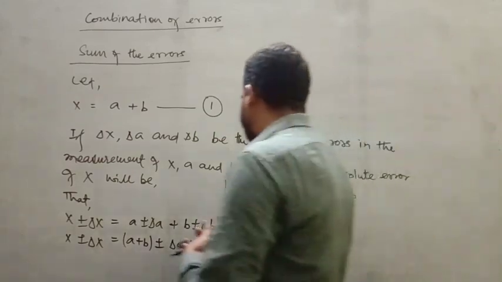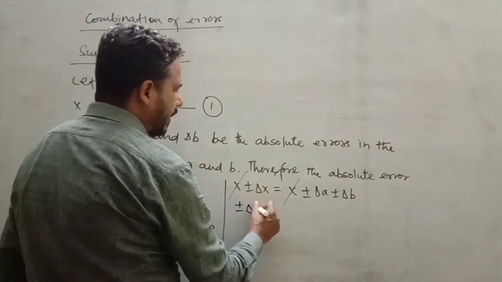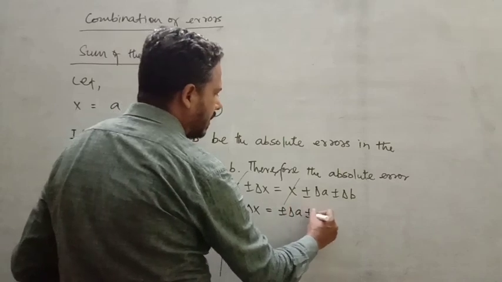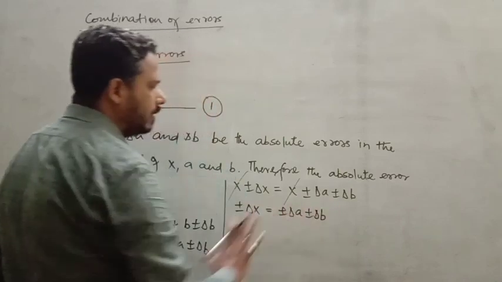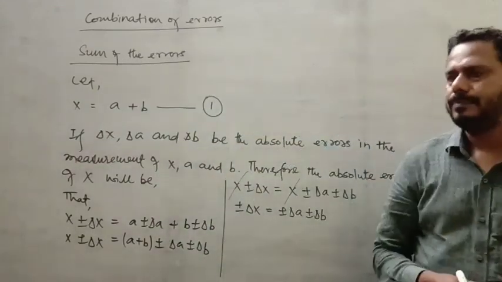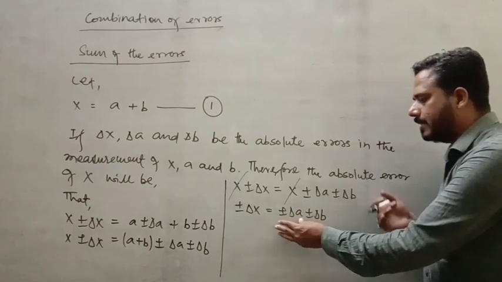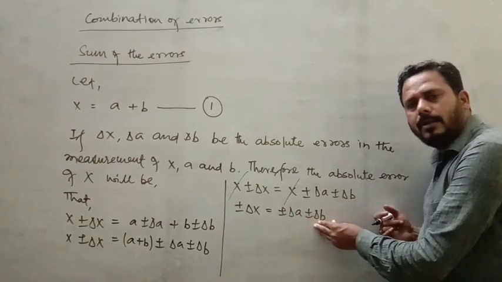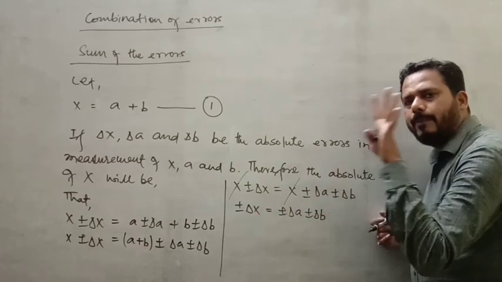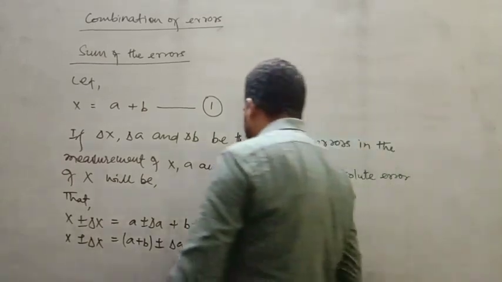Then you have only plus minus delta x is equal to plus minus delta A plus minus delta B. So what you are seeing here in this factor, that this one is your equation where you having plus minus delta A plus minus delta B. That means this plus minus delta x contains 4 possible values. You can see here.